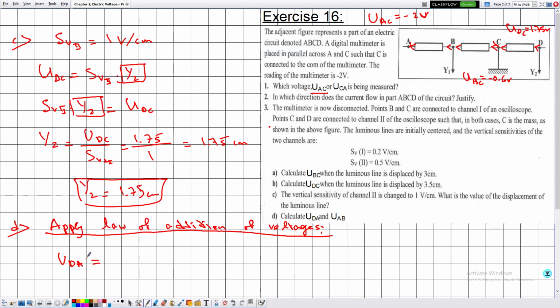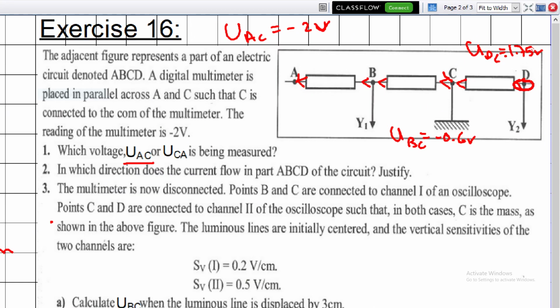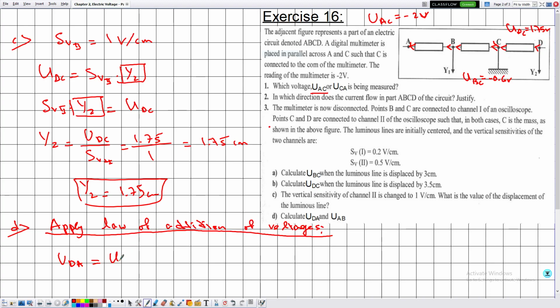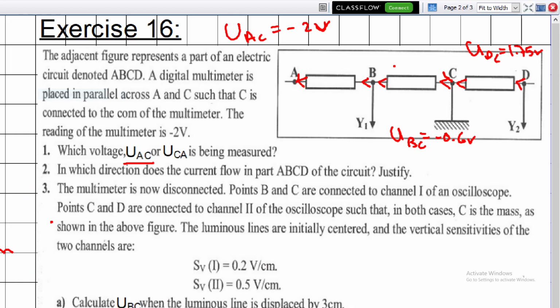And on the other side, we'll go from D to A across different components such that we know their voltages. Now we can go from D to C because we know UDC. We cannot go from C to B because we don't yet know the voltage UCB. However, we can go from C to A because we know UAC.